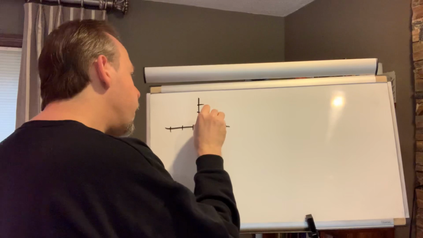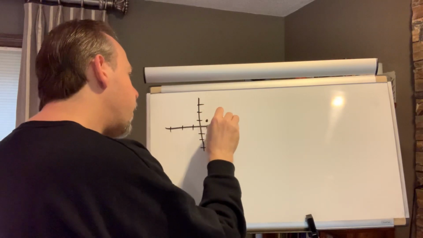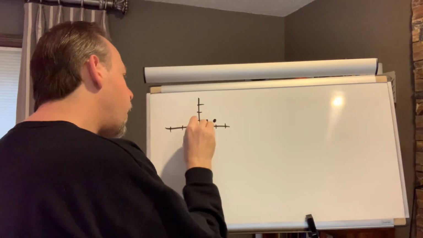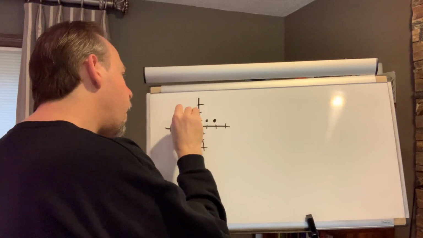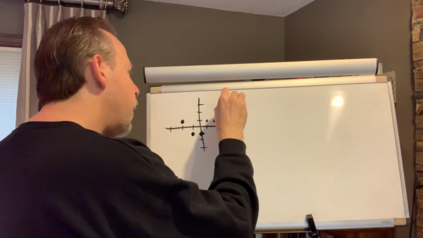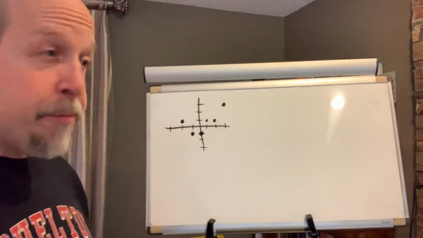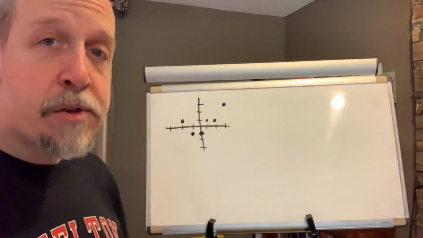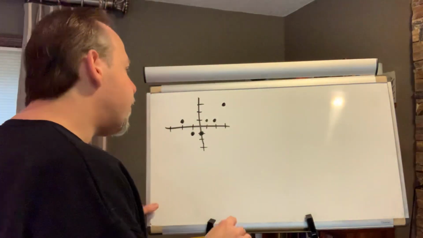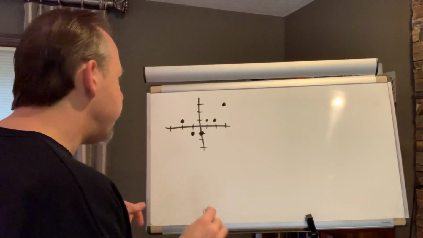So I'm going to show you some coordinates, okay? And here we go. So there are 1, 2, 3, 4, 5, 6 coordinates I put on the graph. Let's list the coordinates if you'd like.